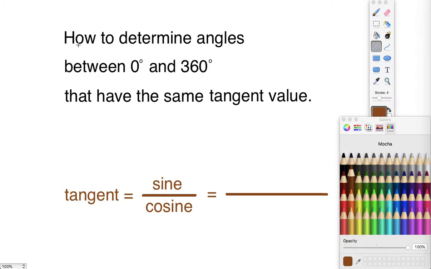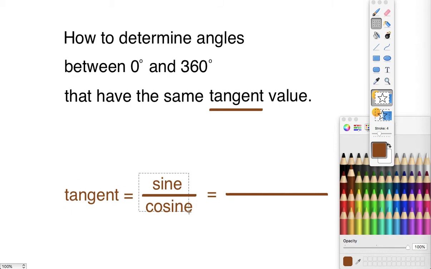This video is on how to determine the angles between 0 degrees and 360 degrees that have the exact same tangent value. Now, a quick reminder that tangent is equal to your sine divided by cosine.